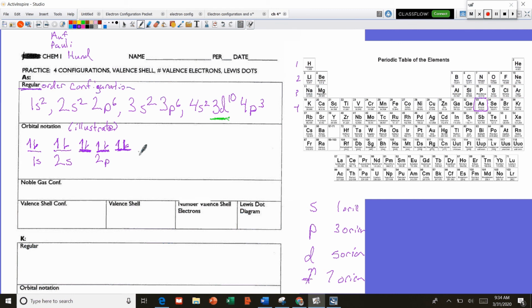Now, here we jump to 3s. And so we have 1, 2. And then we have 3p, which we have 1, 2, 3.